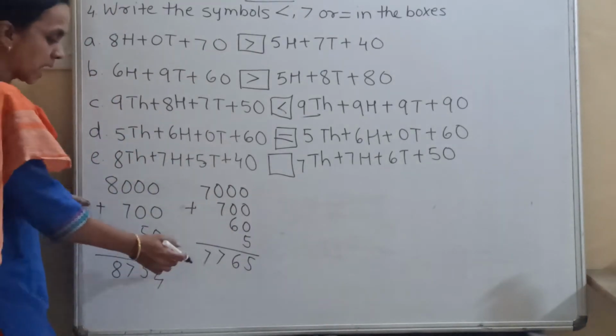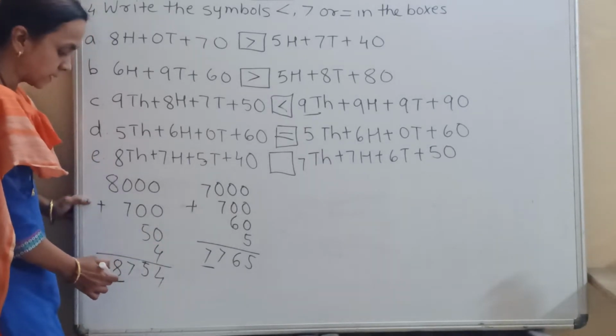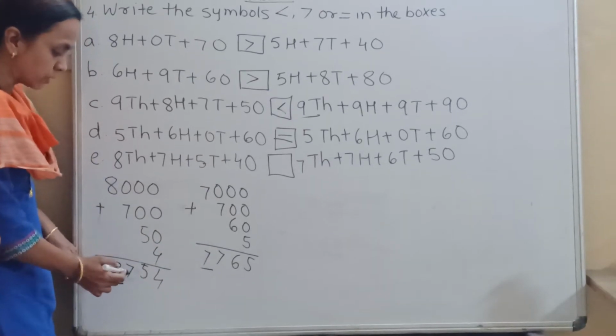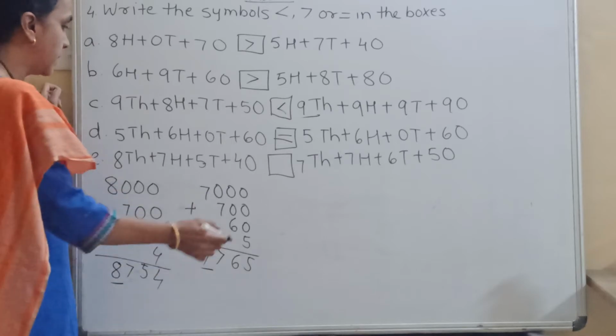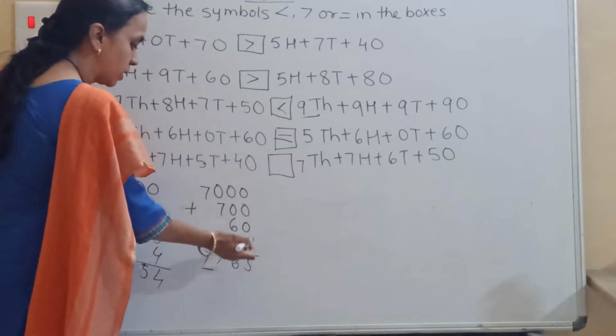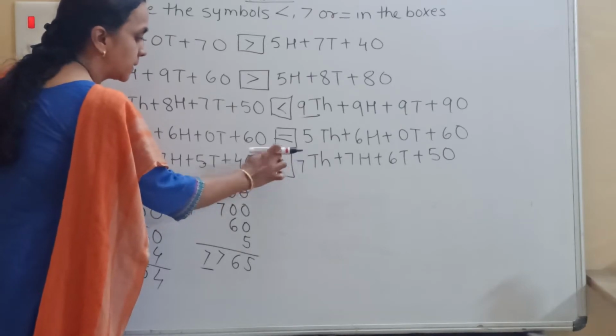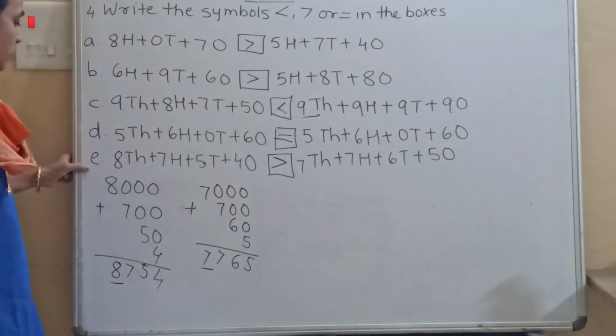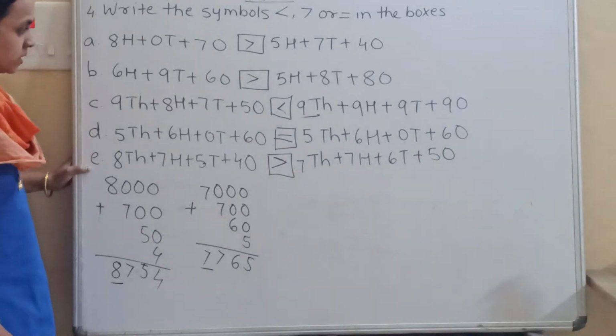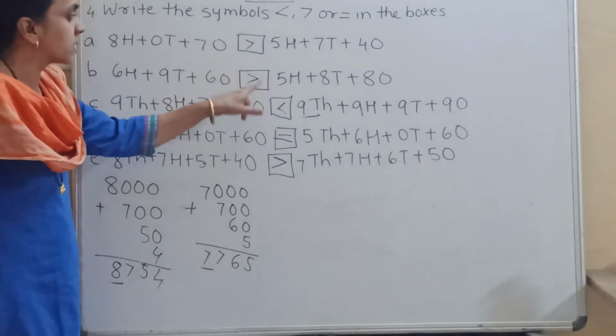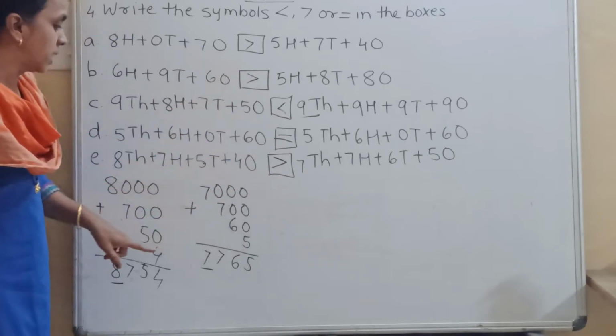So see this thousands place, 7 and 8. So 8,754 is bigger than 7,765. So we have to give the greater than sign towards this number. So in this way you have to give these signs in your textbook.